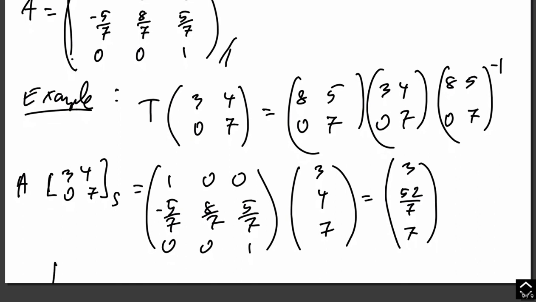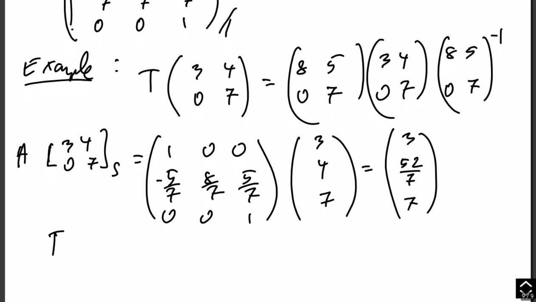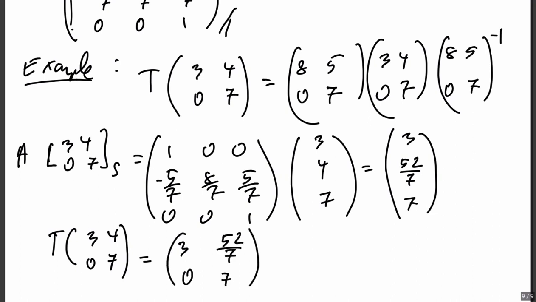And then that means that the T transformation applied to this matrix [3 4; 0 7] equals the matrix [3 52/7; 0 7]. So as you see, instead of a multiplication of three matrices altogether, we only need one matrix-vector multiplication, although it's a 3 by 3 matrix times a 3 by 1 vector.